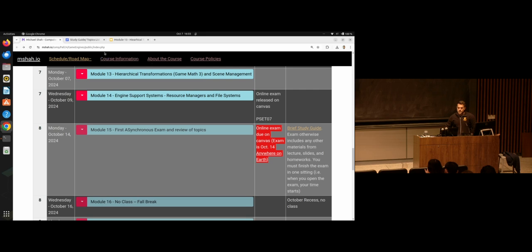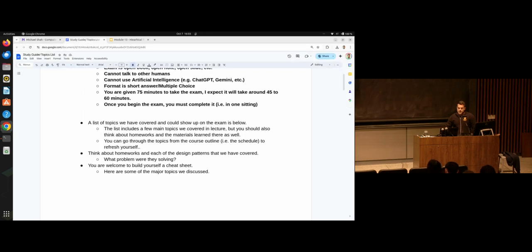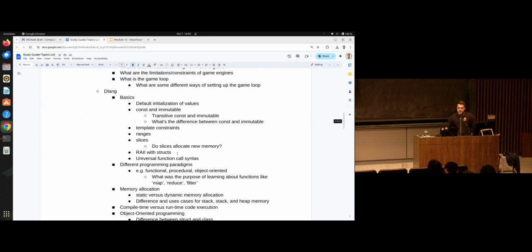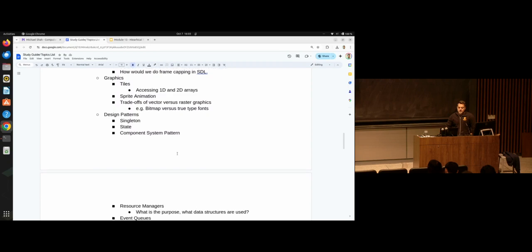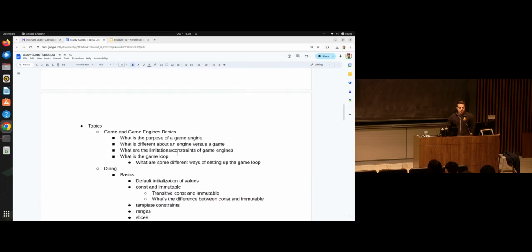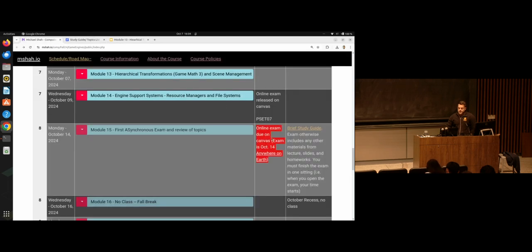If you go through the study guide, you could even copy and paste this and make a cheat sheet from it. I listed some of the topics that I thought were important regarding graphics, patterns, things we've programmed. I'll add a little bit of the math stuff that we've talked about today, just to make sure you're absorbing that. So it should be an exam you can think through. Again, short answer, multiple choice stuff there.